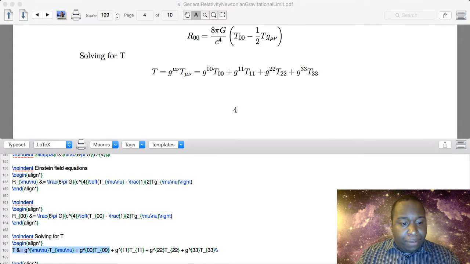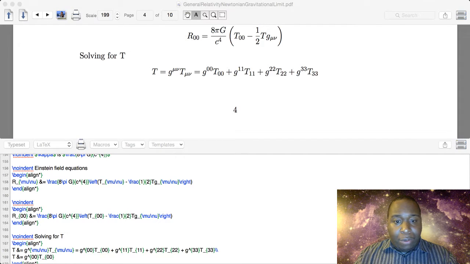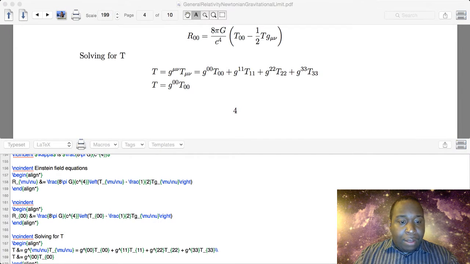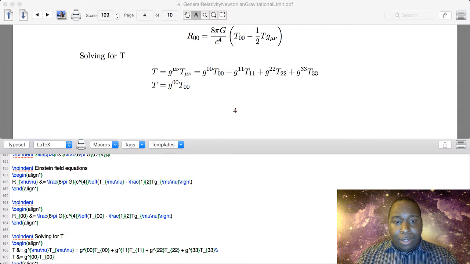I'll quickly write this out. G superscript 0,0 times T sub 0,0. Given that G superscript 0,0 is, if I'm not mistaken, -1 minus our perturbation for that component, and that perturbation is very small and can be ignored, this essentially reduces to T sub 0,0, which is simply equal to the mass density of our system, rho.